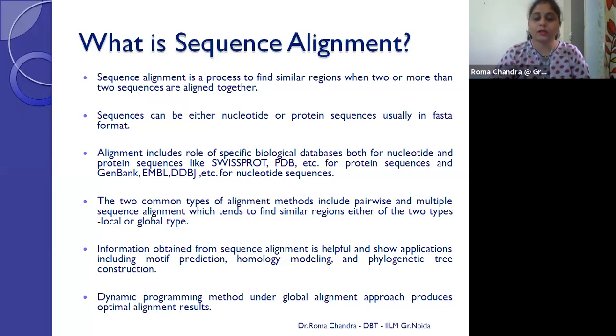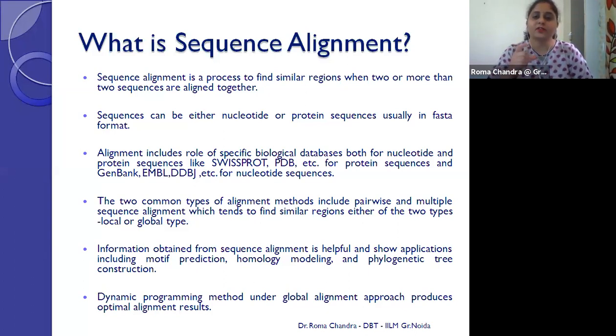But what is the purpose of sequence alignment? The major application of sequence alignment is the search for motif regions. When I talked about the secondary databases for proteins, I gave you examples like PROSITE, PRINTS, and BLOCKS. These were certain motif or secondary databases.